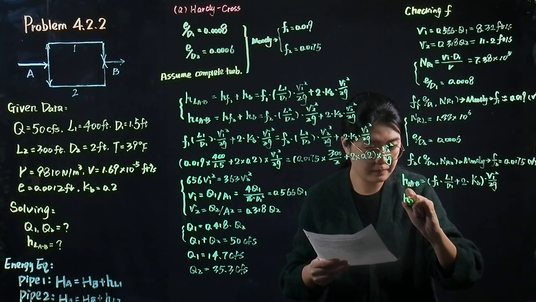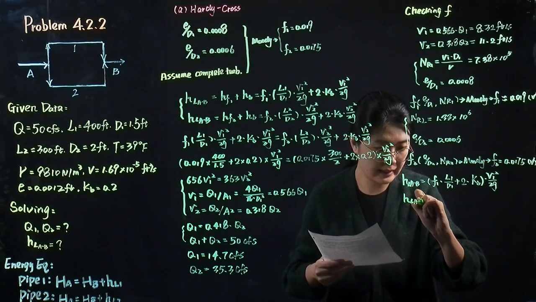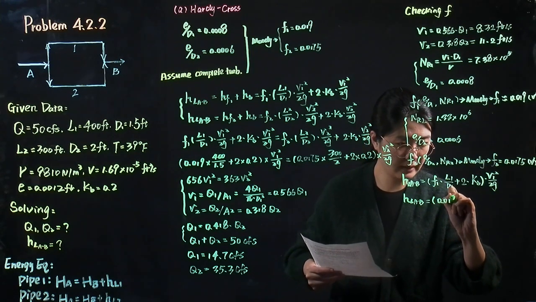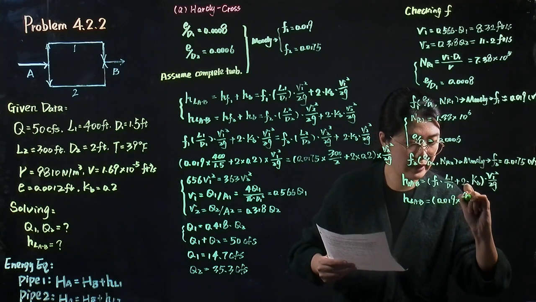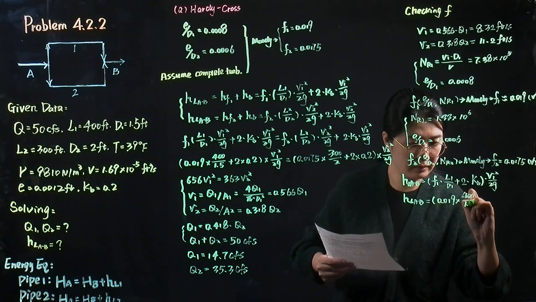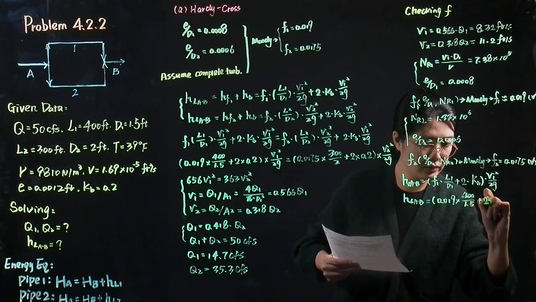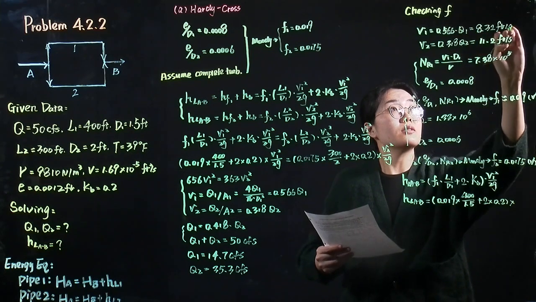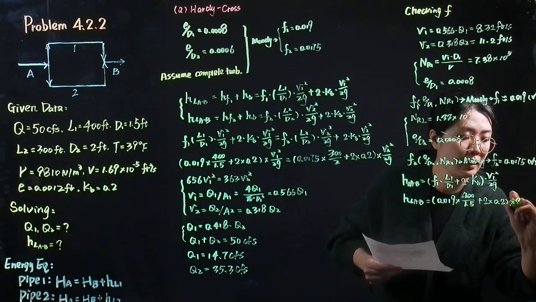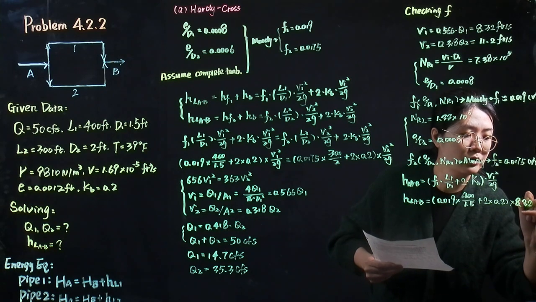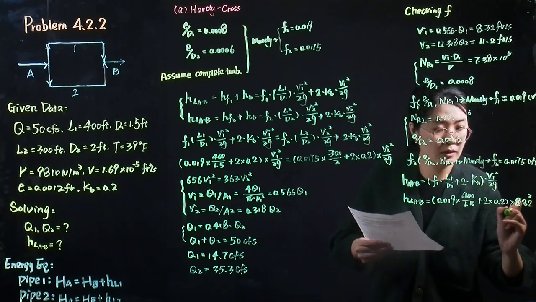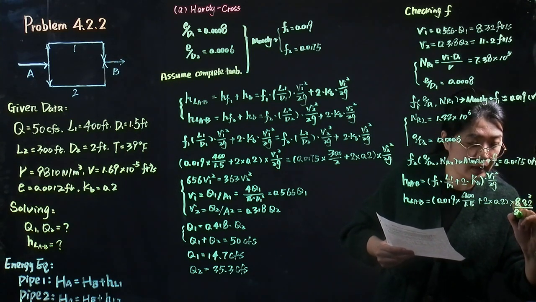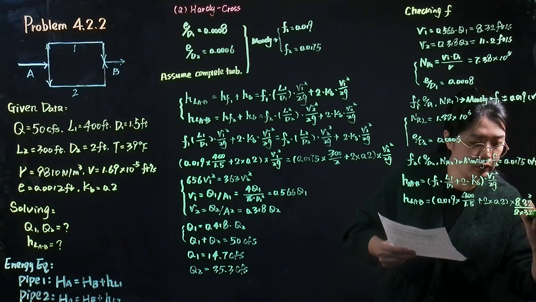If we bring the values back into this equation, we get 0.019 times 400 over 1.5 plus 2 times 0.2, times the velocity 8.32 squared over 2 times 32.2.